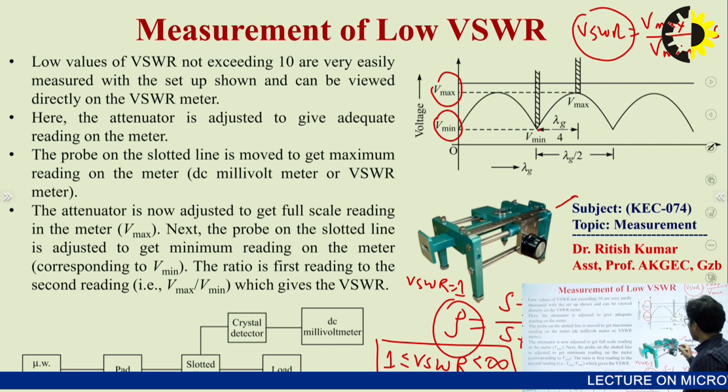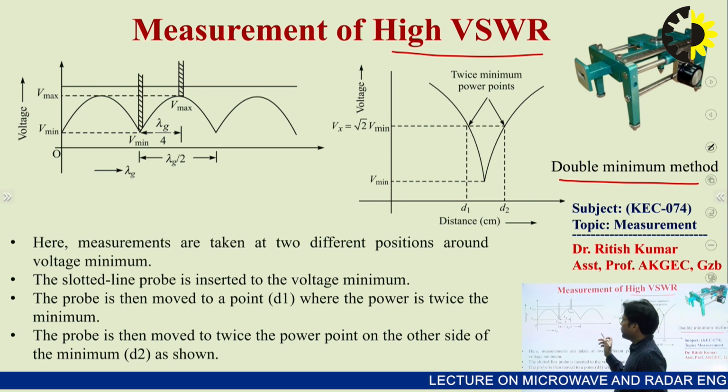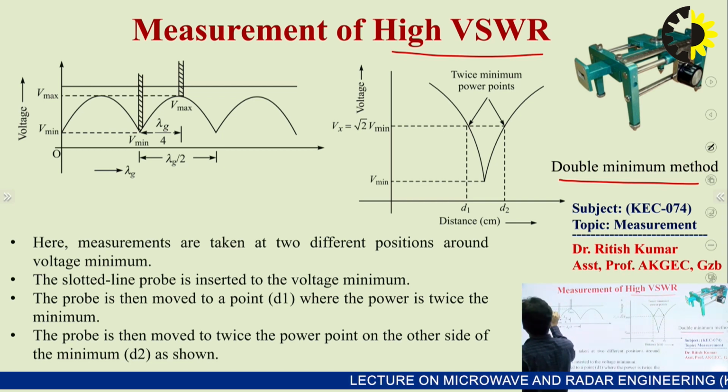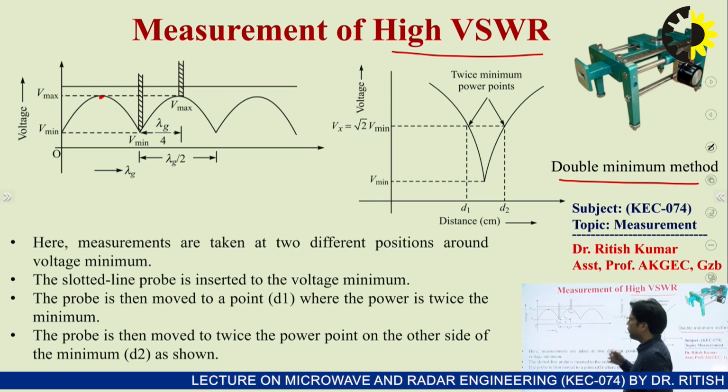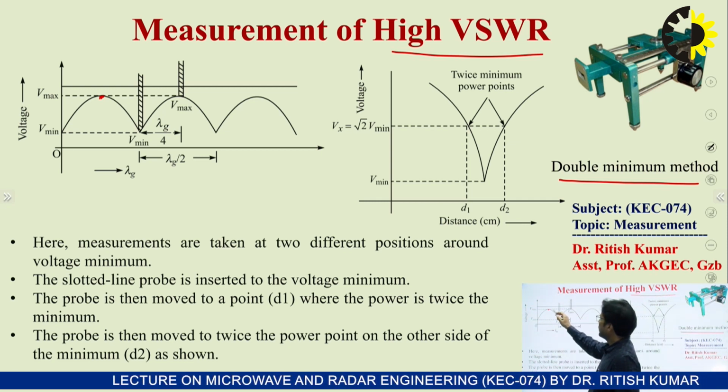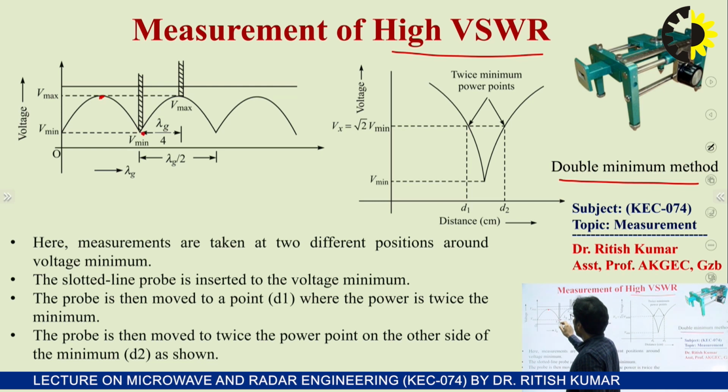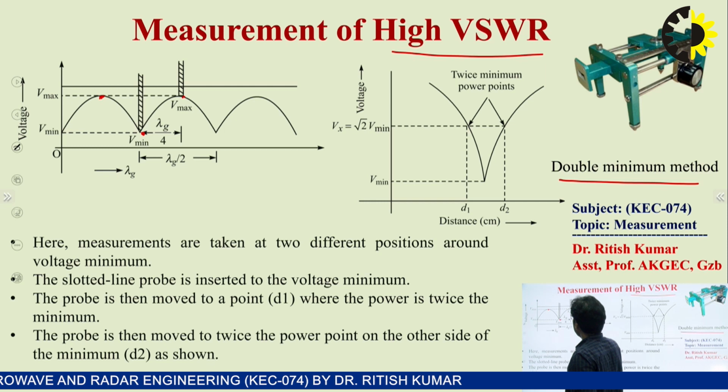What will happen is, once you get the maximum value at a particular location, and then if you move in the forward direction again, you will get the minima value at a certain point, and again you will get the maximum point at some location.